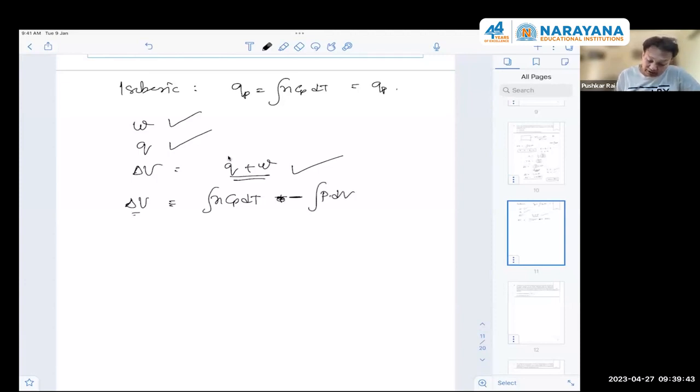We will get delta U like this, and delta H is straightforward, the integral of n Cp dT.